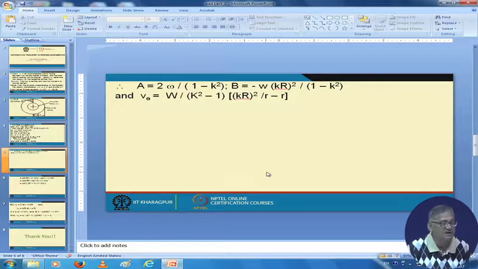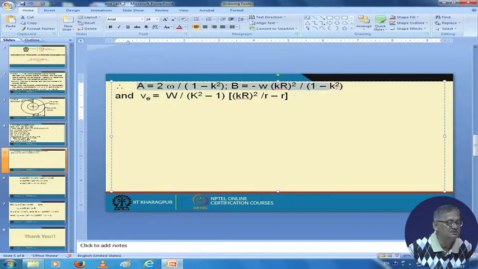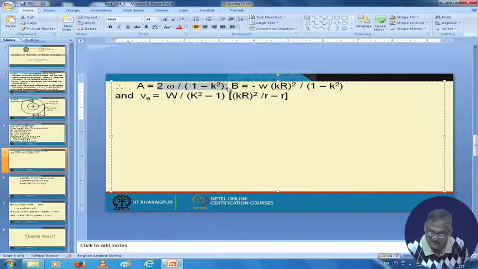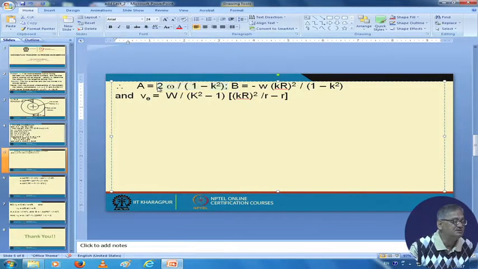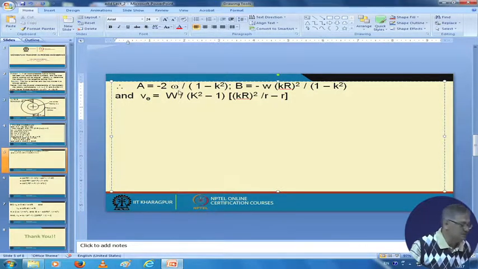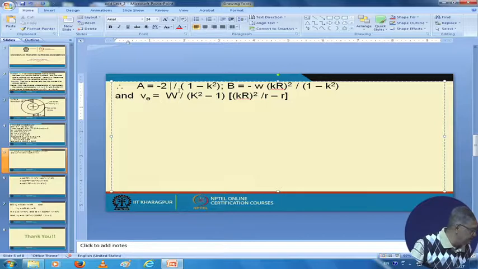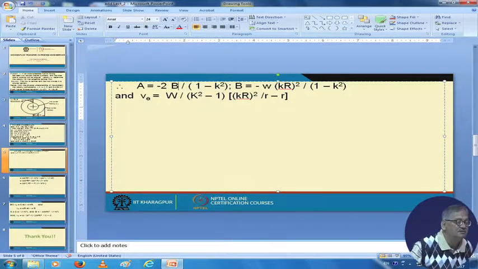Then it becomes how much? I think this we should remove and say, okay, since A is there, we can say that A is equal to minus 2B by R square. So let us rewrite minus 2 capital B by R square.